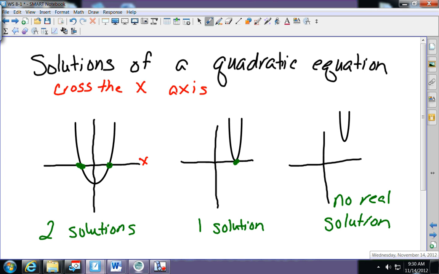So first we're going to work on trying to find out, by graphing and by factoring, how many solutions there are and what those solutions equal.